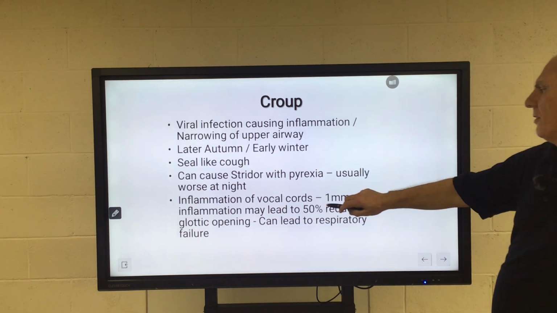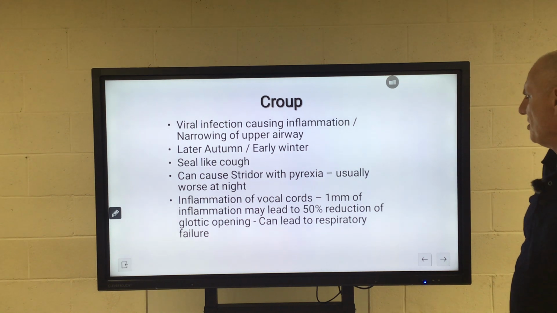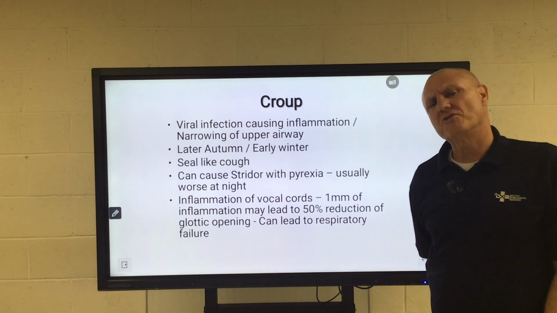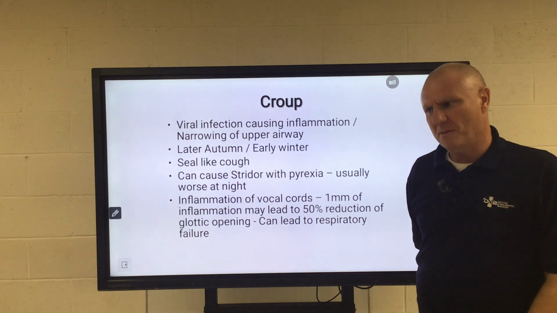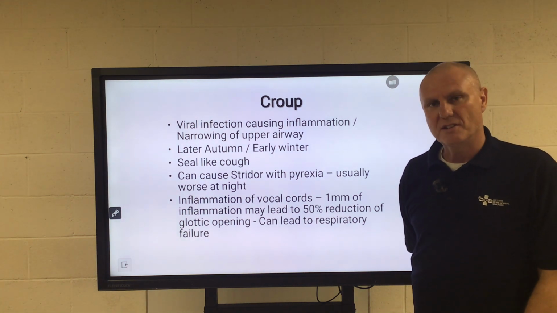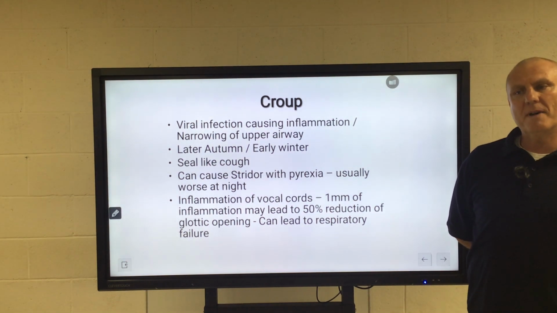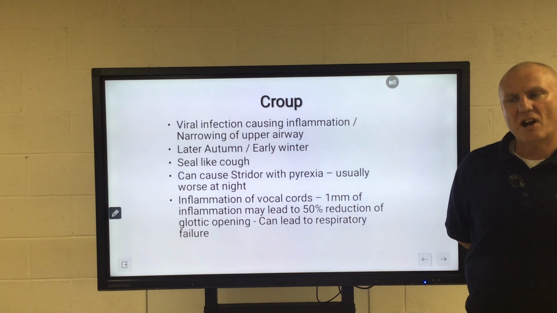So 1 millimeter of inflammation or edema may lead to 50% reduction of space in the glottic opening and can lead to respiratory failure very quickly. We need to be mindful that children compensate for far greater lengths of time than adults do. Their metabolic rates are far quicker, their heart rates far quicker, but they can compensate longer.